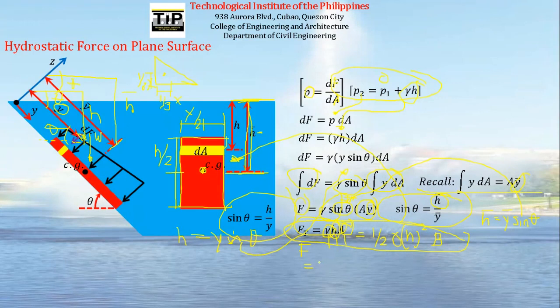Okay? So yung formula from this gamma h bar a, this is gamma times 1/2 ng height, and then yung area natin is height times the base. Okay? So therefore, the formula is equal to 1/2 times gamma times h squared times base.